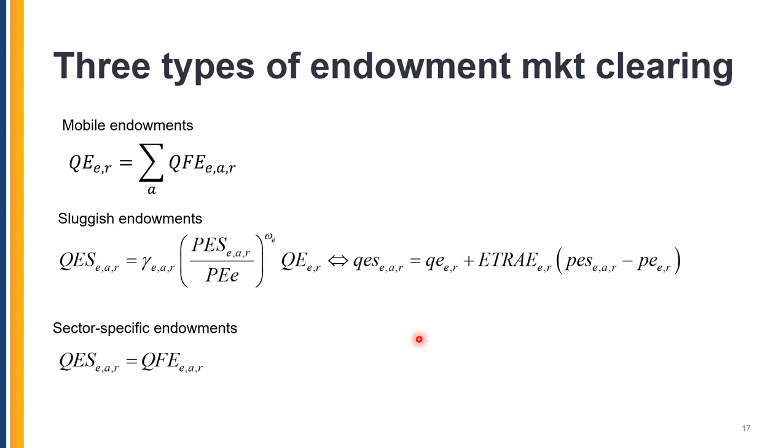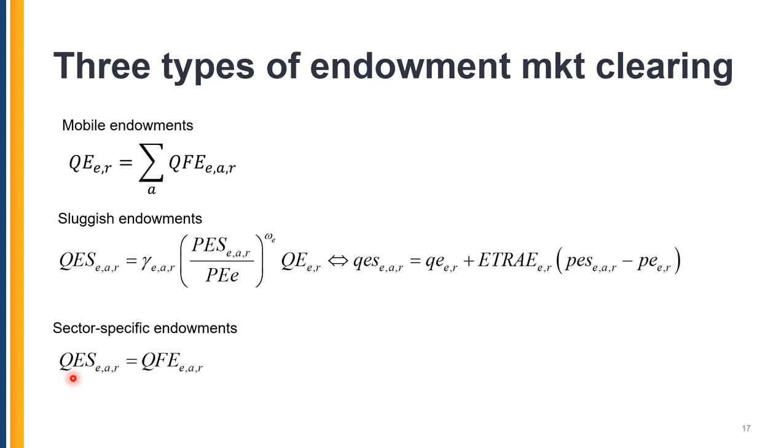Okay, so this is what these different versions of these equations look like. They're in levels form here, just because it's probably the easier way to look at them. Again, you could go back to presentation 1 and think about how you go through this and get a percentage change version.